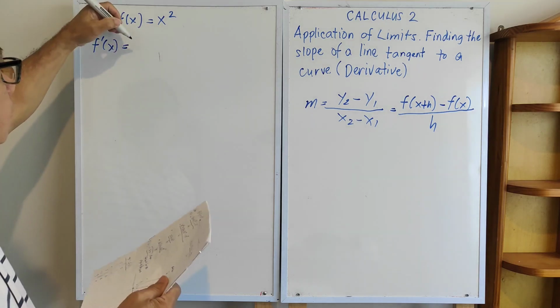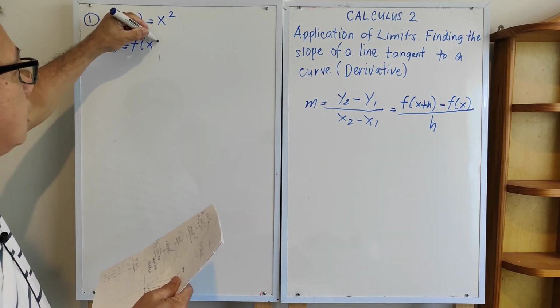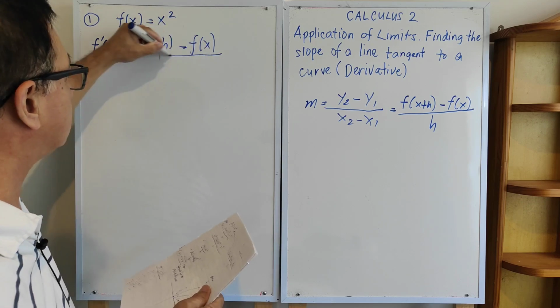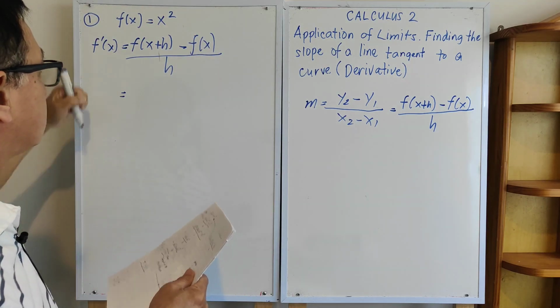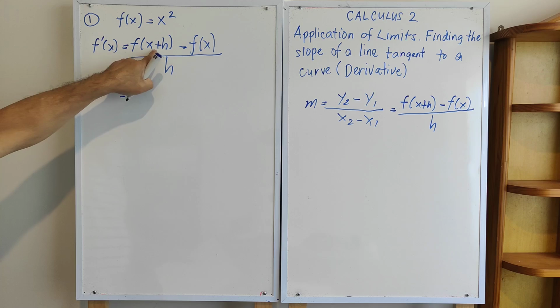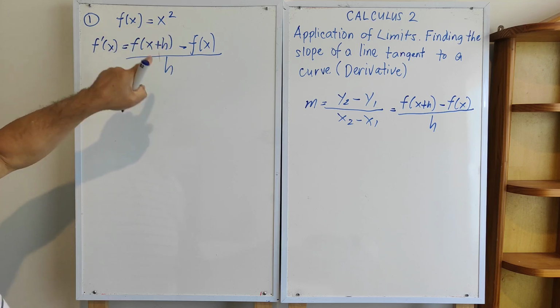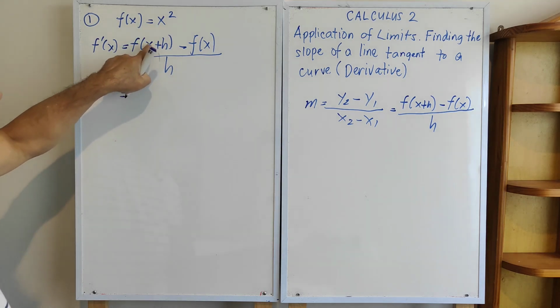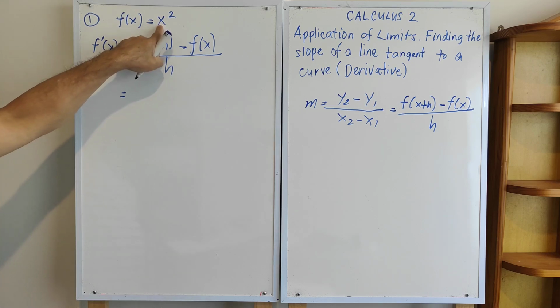I will rewrite the formula first. So f of x plus h minus function of x over h. So what is the function of x plus h? You will replace this x plus h, you will place it inside of x.